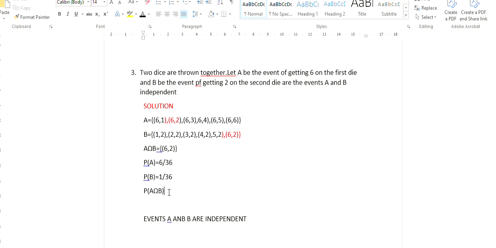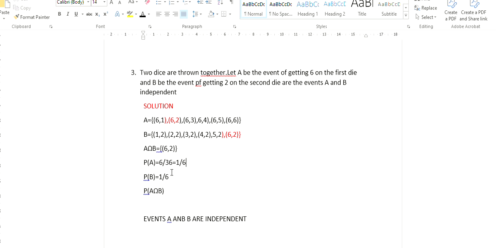What is the probability of A intersection B? Already we have written it, right? So I have written 6 by 36, so that is 1 divided by 6, and B is also 1 divided by 6.